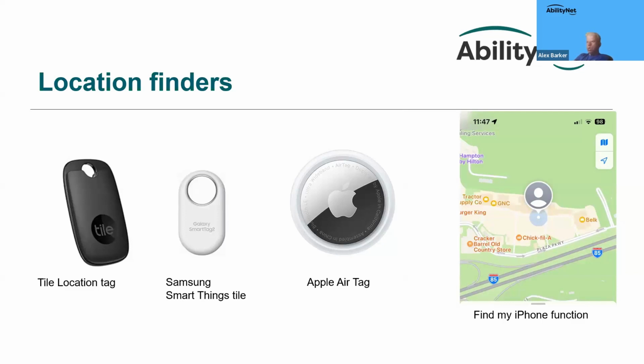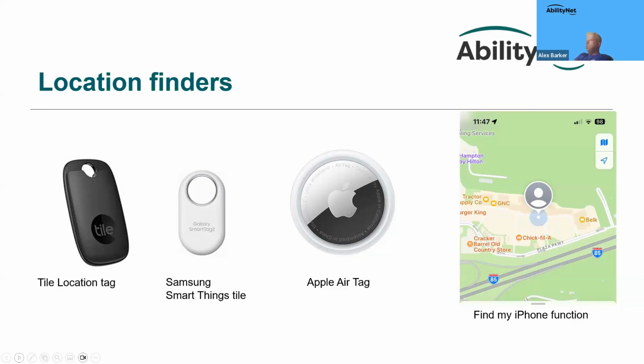The first 3 are a Tile location tag, a Samsung SmartThings tag, or an Apple AirTag. You can connect one of these to your keys or to your wallet or to your bag or whatever you want, if you've got a tendency to leave your possessions somewhere and you can't remember where it is.